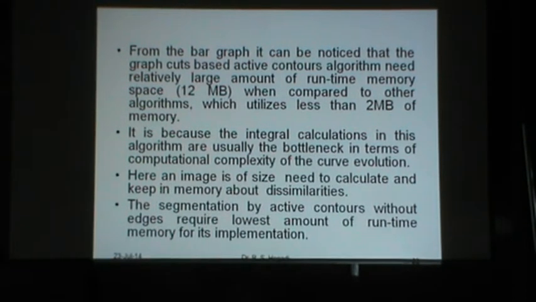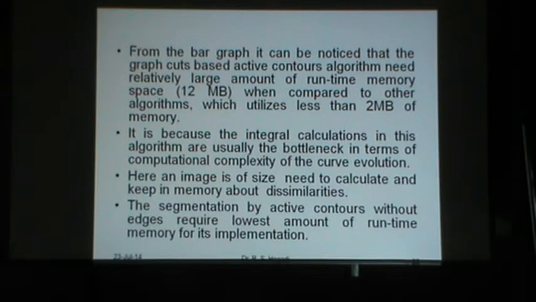It is because the integral calculations in this algorithm are usually the bottleneck in terms of computational complexity of the curve evolution. So for that reason it is highly space complex. For an image of a given size, we need to calculate and keep in memory the dissimilarity.